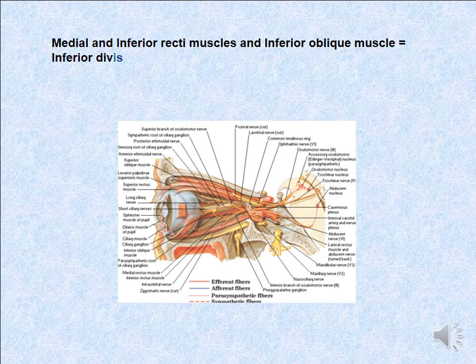The medial and inferior rectus muscles and the inferior oblique muscle are supplied by the inferior division of the third cranial nerve. So the third cranial nerve supplies the superior, medial and inferior rectus muscles, the levator palpebrae superioris and the inferior oblique muscle, through its superior and inferior divisions.